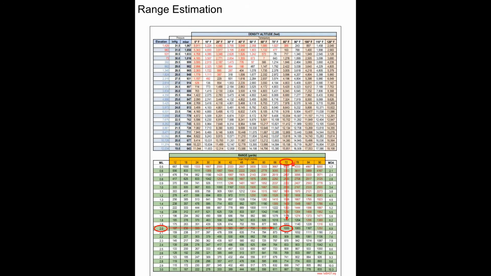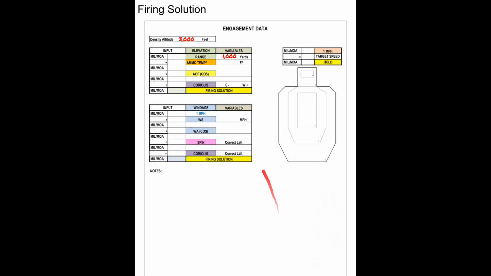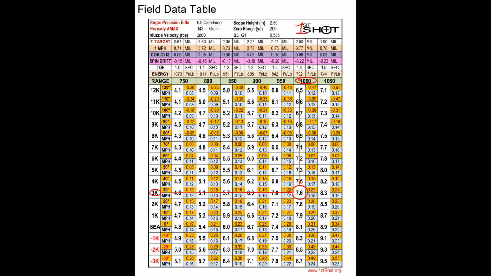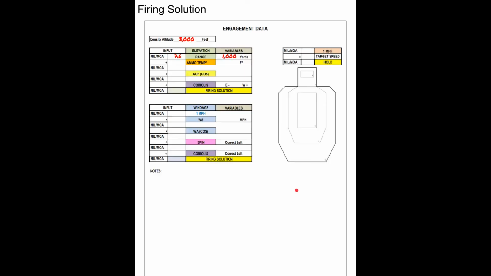Then we ranged a 72-inch target, 2 mils, 1,000 yards. We'll put that in our variables here, 1,000 yards. We're able to look at our chart for our field data table here, and it's 1,000 yards, 3,000 feet density altitude, 7.6 mils is our initial.